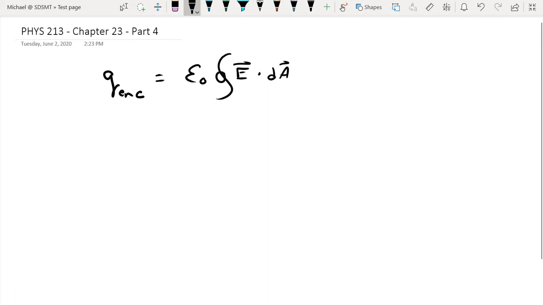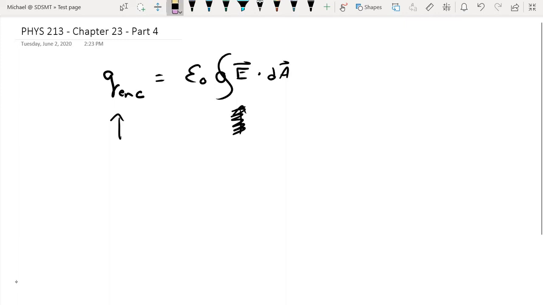And so in the first two videos for this chapter, we focused mainly on solving for the electric field that was produced by a certain distribution of charge. And then in the third video, we sort of switched things up, and we started looking for the charge that was present in a given system if we already knew what the field was.